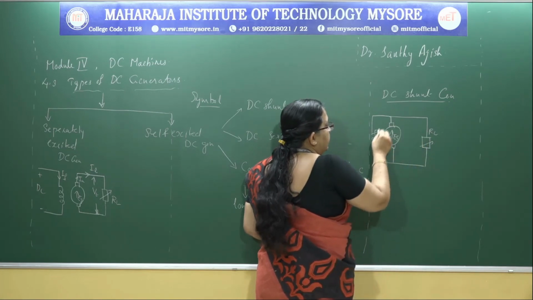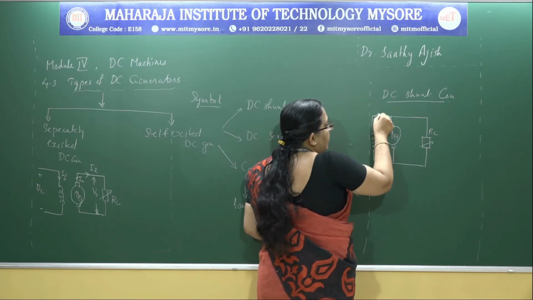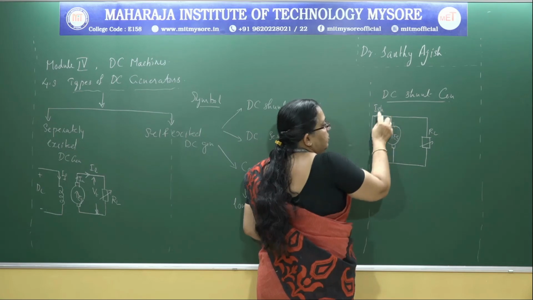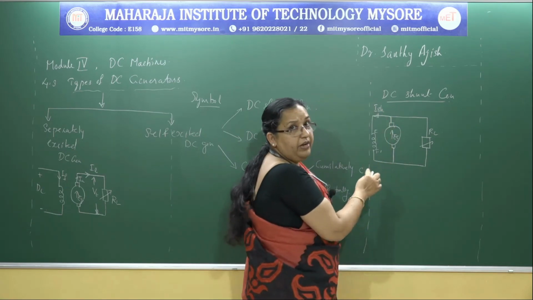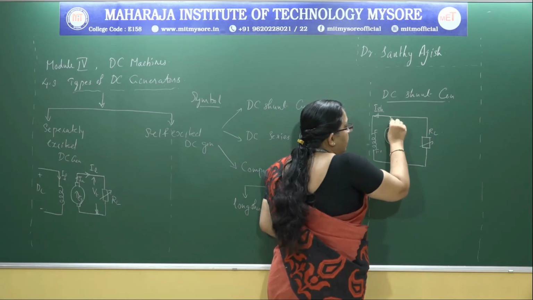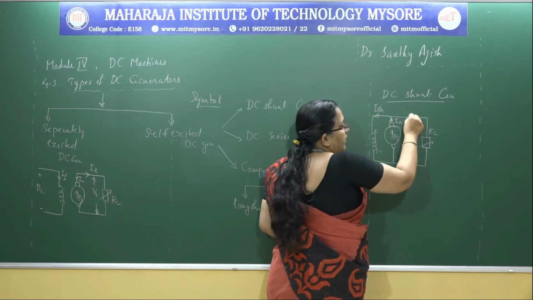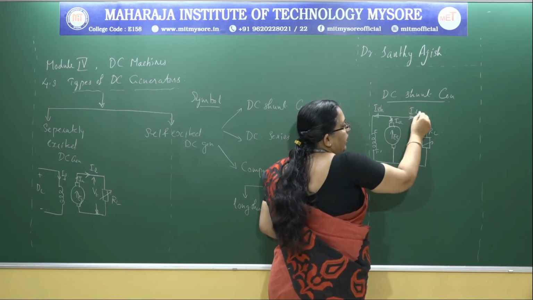I can mark this field current as Ish because it is the shunt field winding, and here I can mark Ia because this is the armature current, and this is the load current.